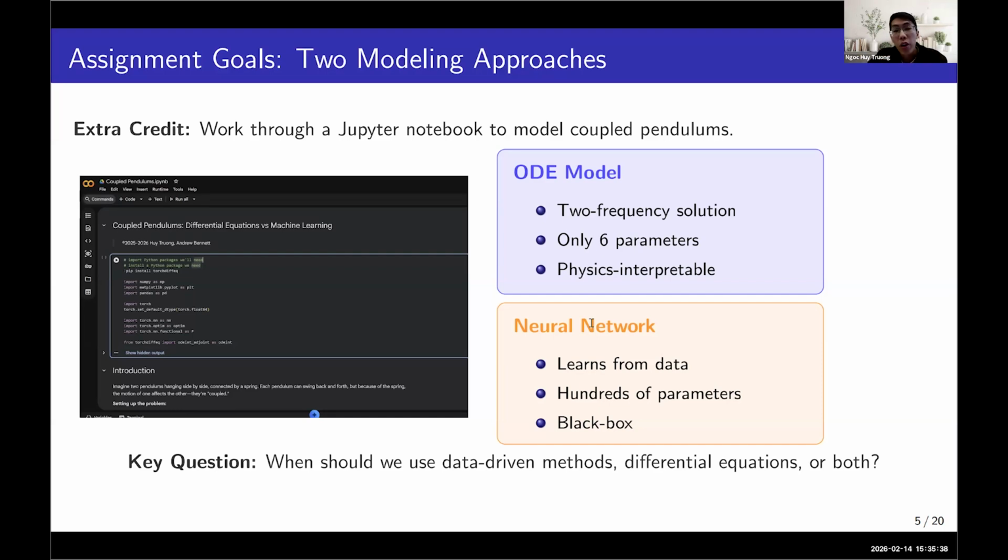The neural network model learns directly from data with hundreds of parameters, and it's basically a black box. I will talk about that later. So you have two approaches, and again, the key question throughout the entire assignment is: when do we use the data-driven method, when do we use the equation, and when do we use both?